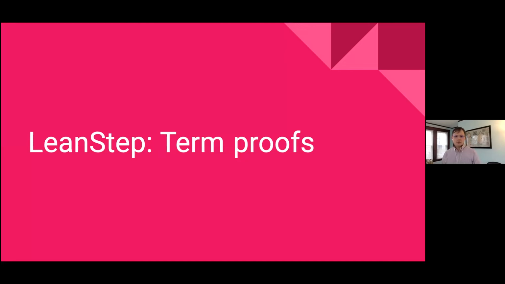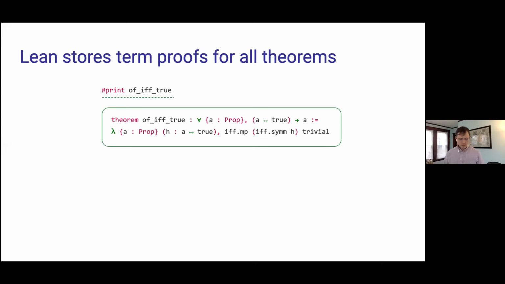We're also going to look at term proofs. Even though our model is designed to predict tactics, we're going to show that by extracting data out of the term proofs, we can significantly improve the performance of our model. As I said, Lean always stores a proof in this term proof form.